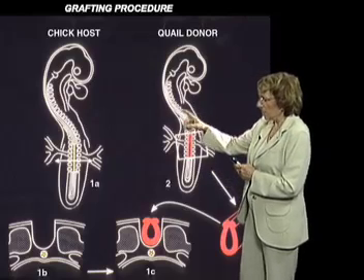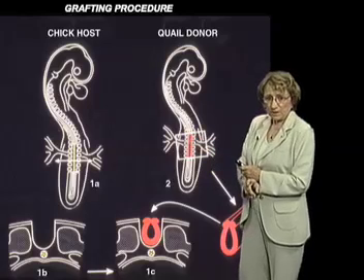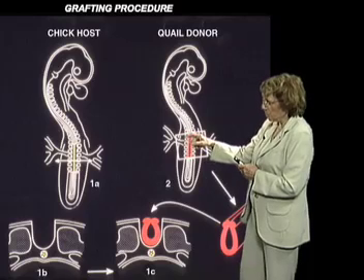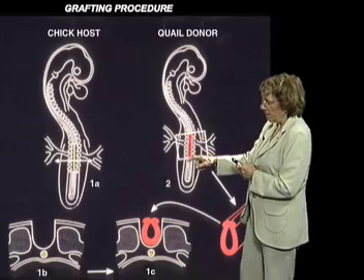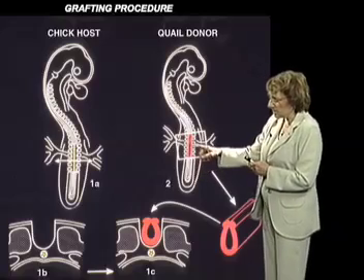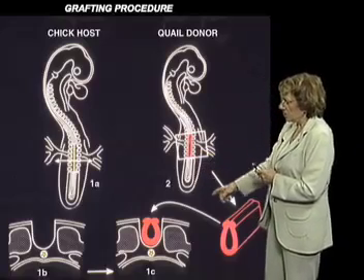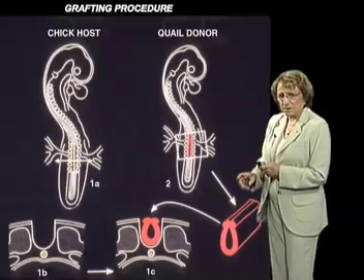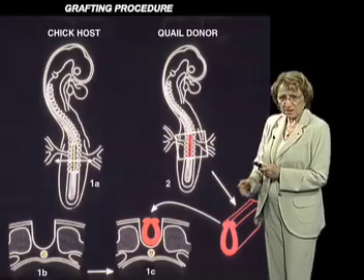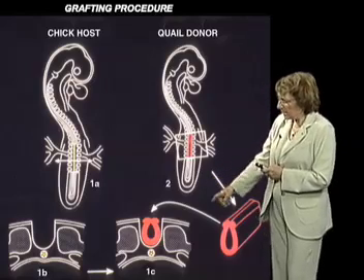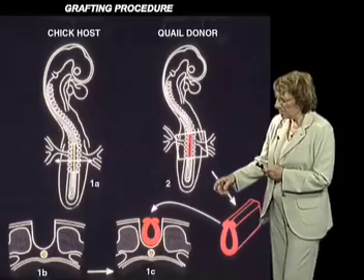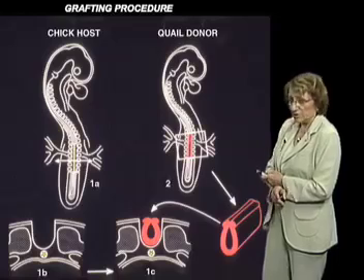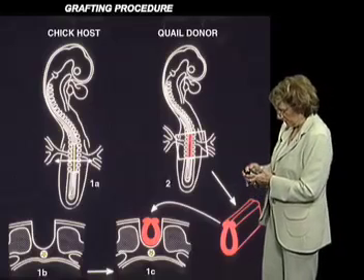Then we take a quail embryo, which will be the donor embryo, and in which we isolate the neural tube from exactly the same level by subjecting this region to trypsinization, in order that the neural tube which is going to be grafted is not contaminated by other cells of different origin. And the neural tube is then implanted into the chick host at the site where the excision of its own neural tube has taken place.